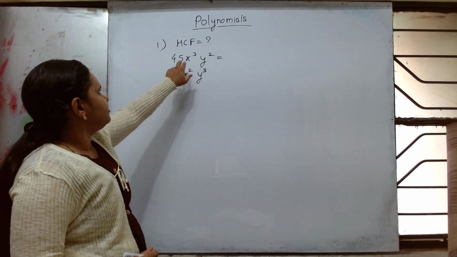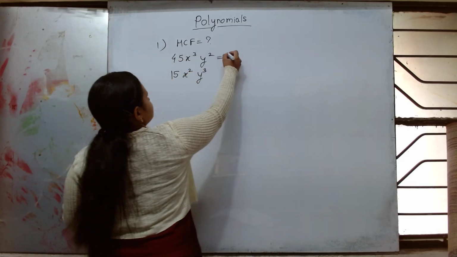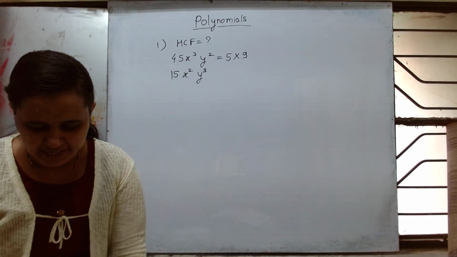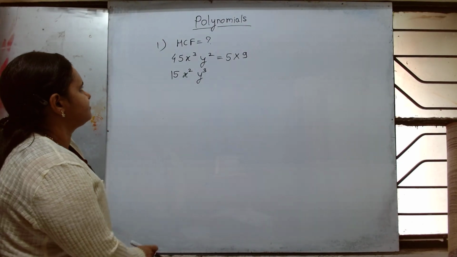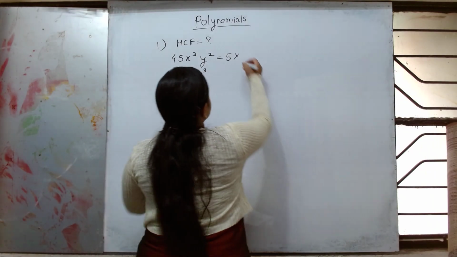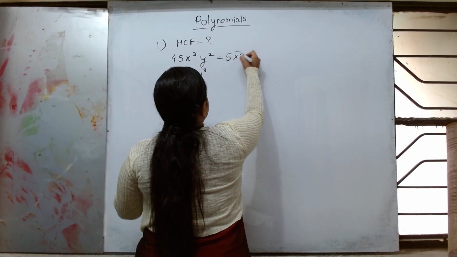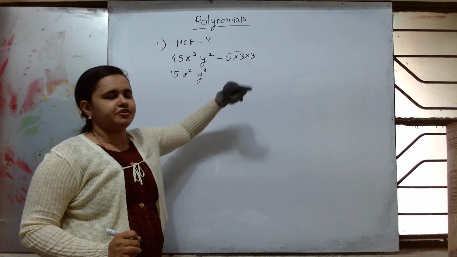Factors of 45 are 5 into 9, but we can write 9 as 3 into 3. So 5 3s are 15, 15 3s are 45.